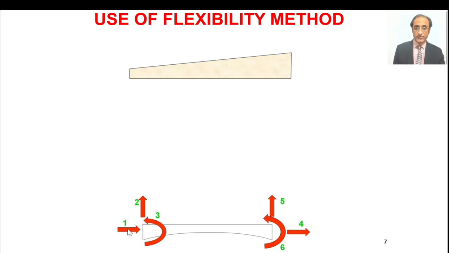To distinguish between the displacements and the forces, we show the displacements by very thick lines or thick arrows or thick curves, and the forces by thin lines or single arrows.